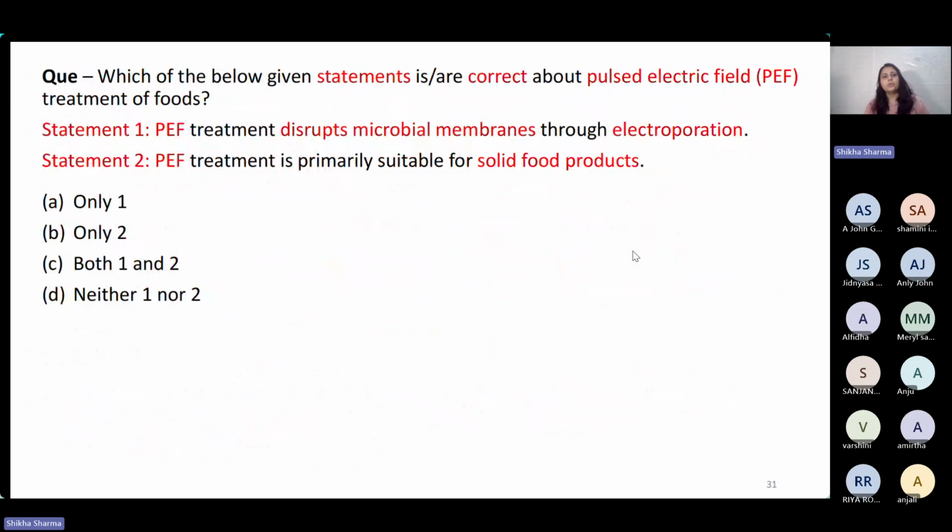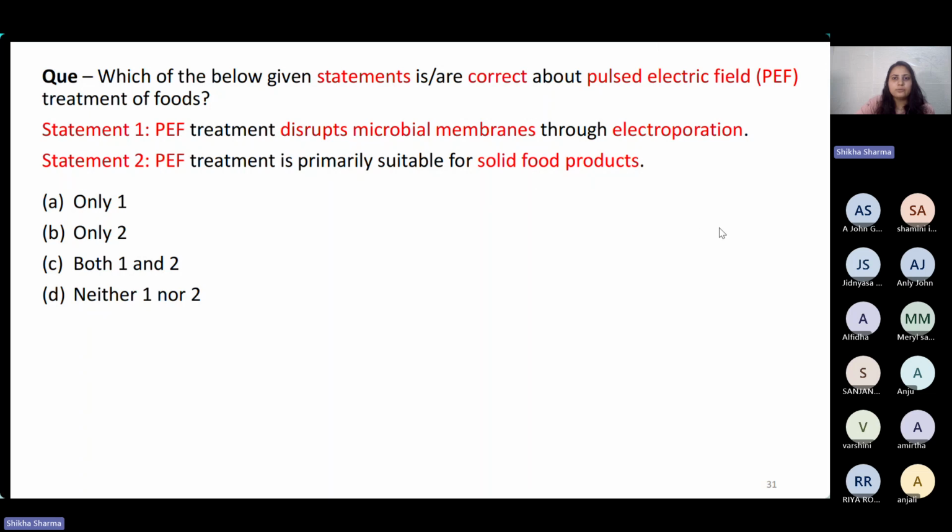Okay, now let's discuss this question about pulsed electric field. Statement 1 says that pulsed electric field treatment disrupts the microbial membrane through electroporation. Statement 2 says that pulsed electric field treatment is primarily suitable for solid food products.